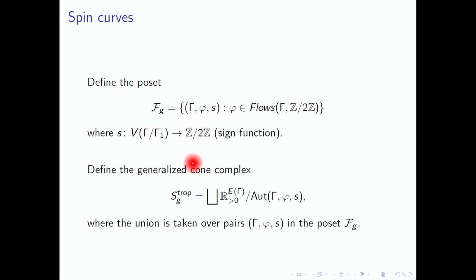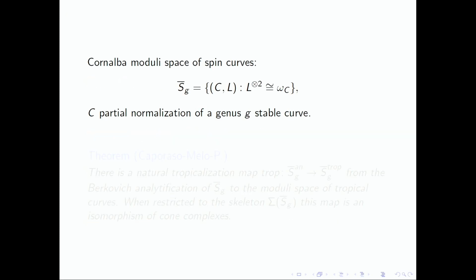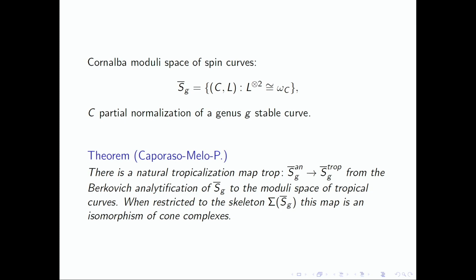We can construct this moduli space again this way, with this richer combinatorial data. Here I remind you that there is this nice compactification due to Cornalba of the moduli space of spin curves. And actually, a theorem that we proved is the following.